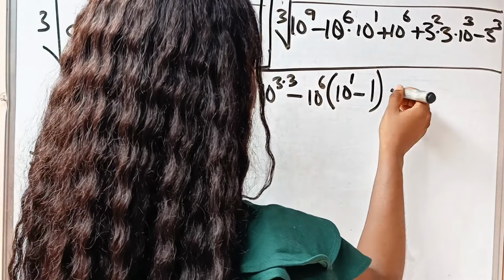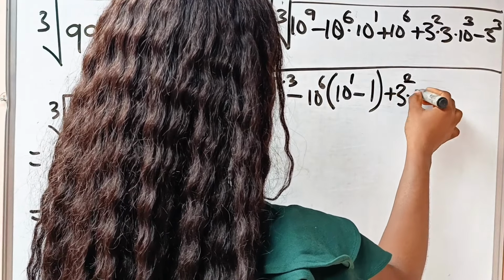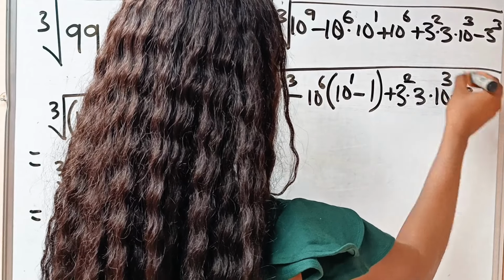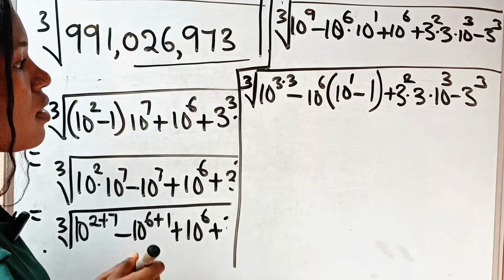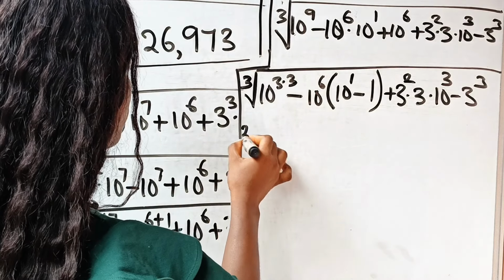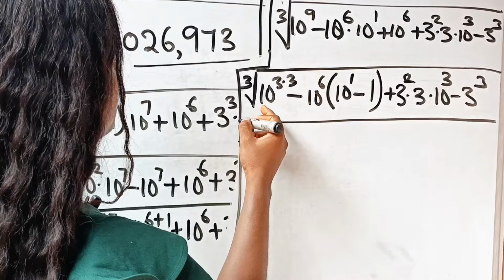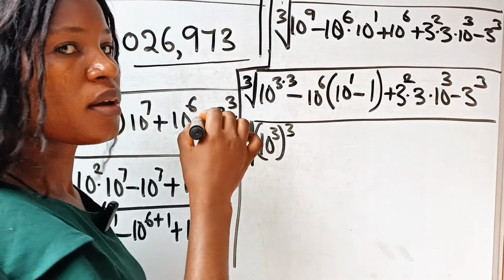So here we have plus 3 to the power of 2 multiplied by 3 multiplied by 10 to the power of 3 minus 3 to the power of 3. Okay, interesting. At this point, we have cube root of, this is the same thing as 10 to the power of 3 raised to the power of 3.